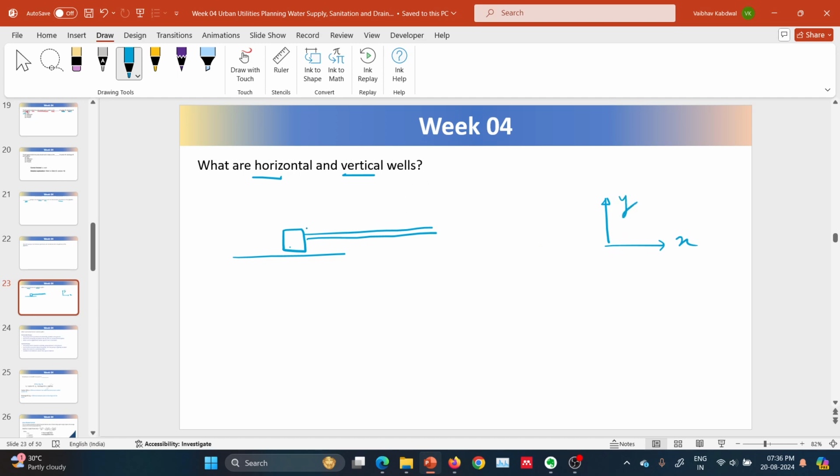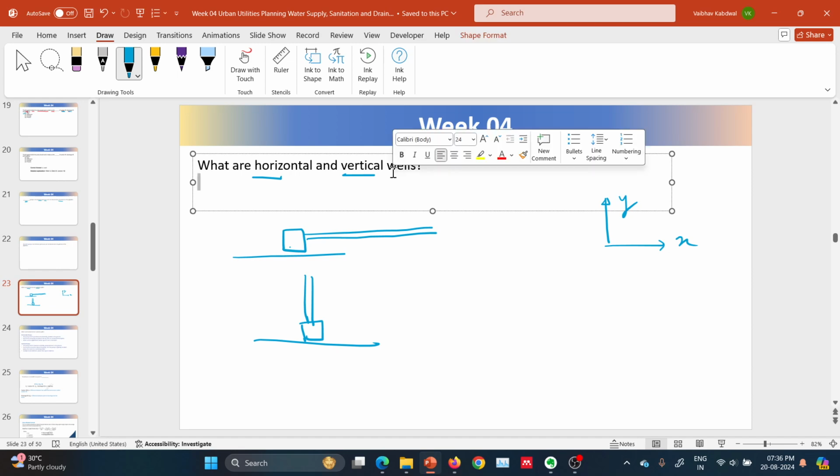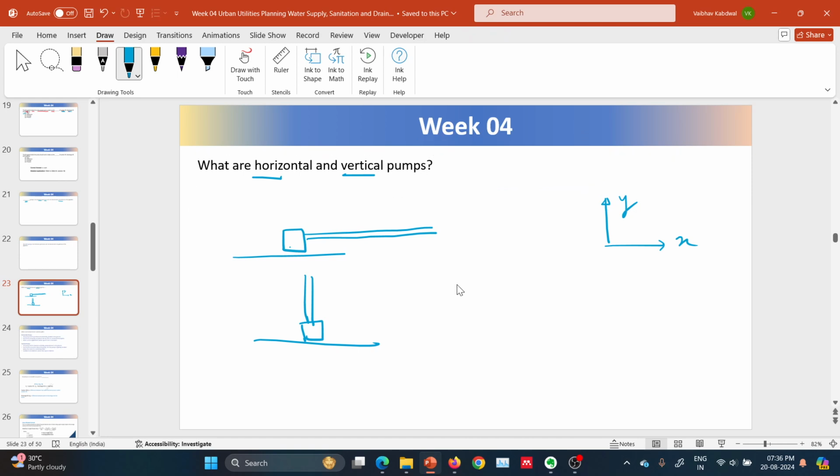This horizontal and this vertical thing is not at all connected with this. Sorry, this is not wells, it is pumps. This horizontal distance and this vertical distance have nothing to do with the names horizontal and vertical pumps.